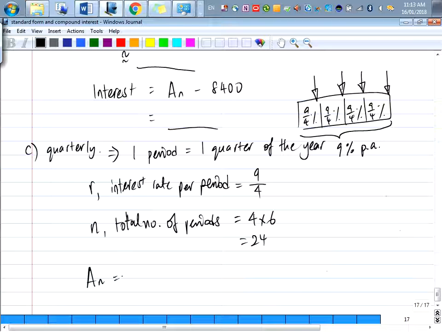AN is equals to P, which is 8,400, times 1 plus 9 over 4 times 100, or we can call it 9 over 400, or 9 over 4 divided by 100, or 9 over 4%. They're all the same thing. Whatever your preference is, as long as it is mathematically accurate. This is to the power of 24. Okay? Questions, anybody?